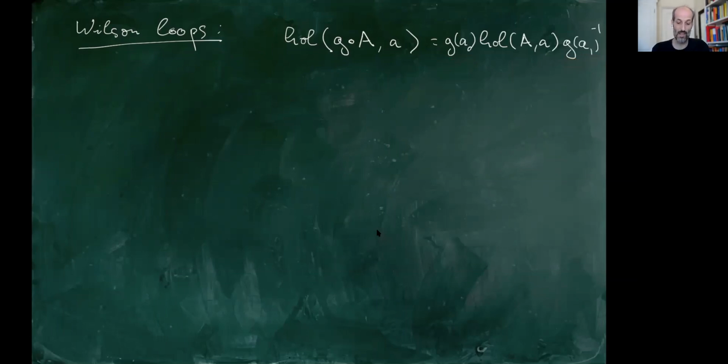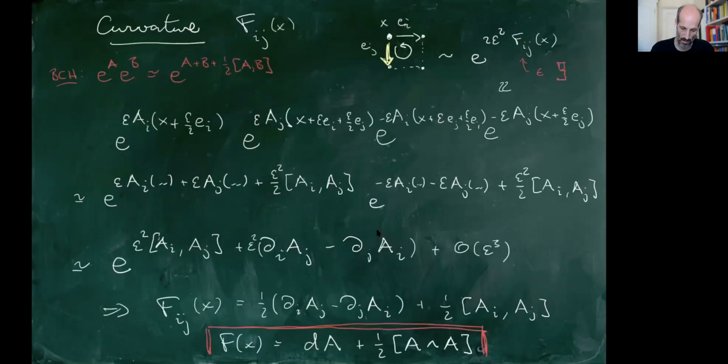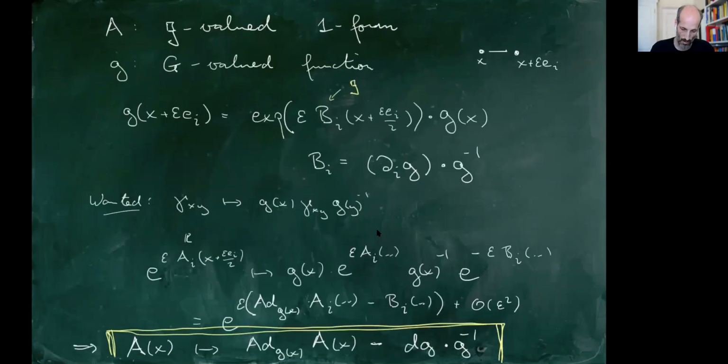And now of course that's still not invariant, right? Because conjugation is not invariant. But if you apply any function to it which only depends on the conjugation class, then yes, that's correct. So that was what we saw yesterday, the way that the gauge group acts on the connection was this action here. So it's conjugation minus dG times G inverse.